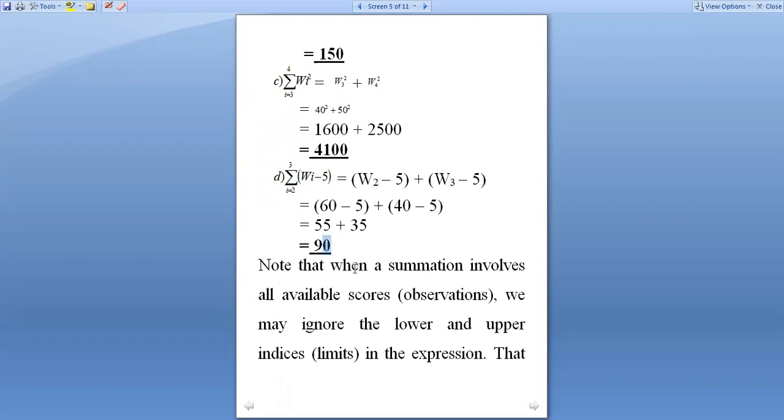So just note that a summation notation can be written in different ways. All what you need is the ability to interpret what it requires you to do. In statistical formulas, you will find these summation notations common.